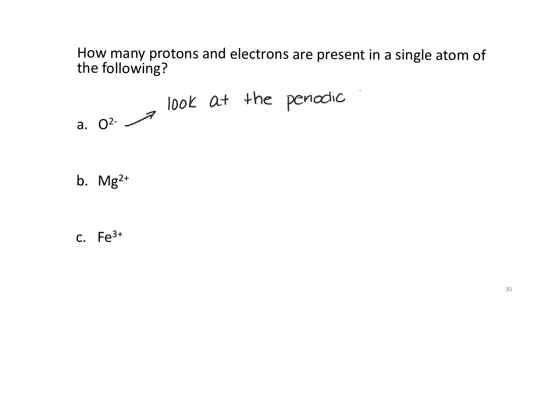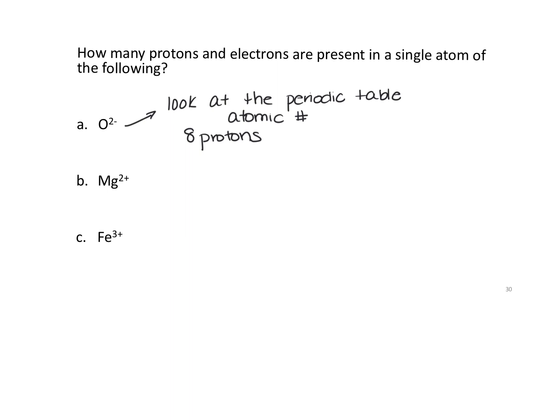So I go to my friendly periodic table, and when you look at the periodic table, you want to look at the atomic number, which is that whole number, because that's going to tell you the number of protons. So when I go and look at my periodic table for oxygen, I see that it has an atomic number of 8. So that tells me it has 8 protons.